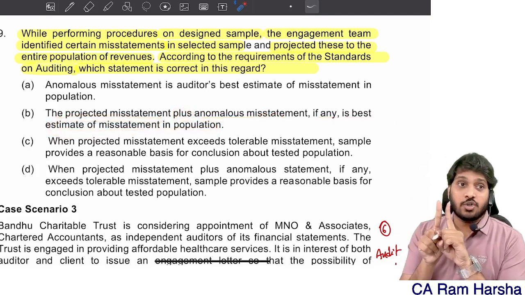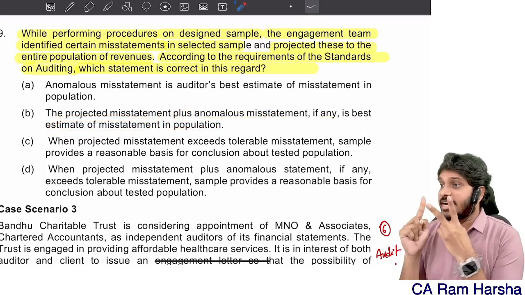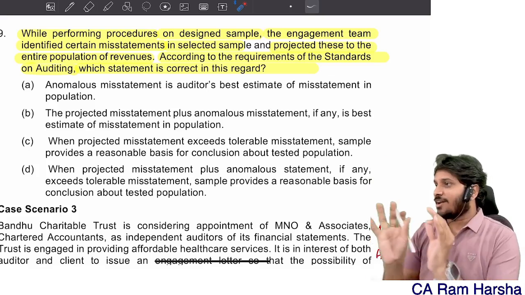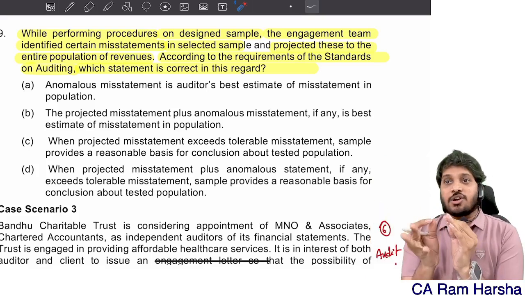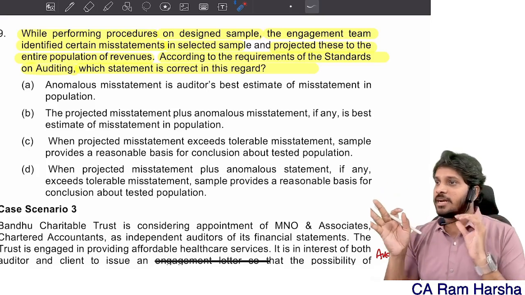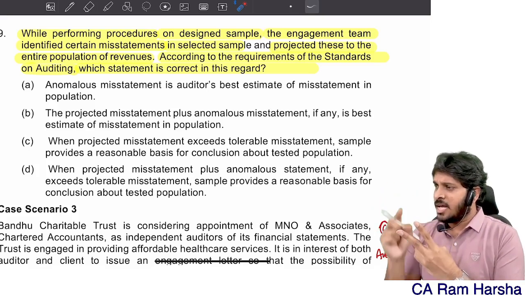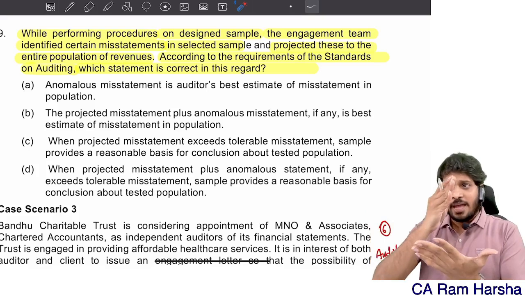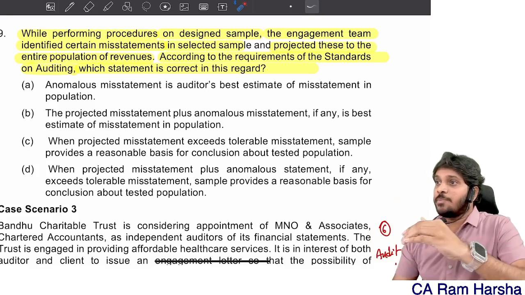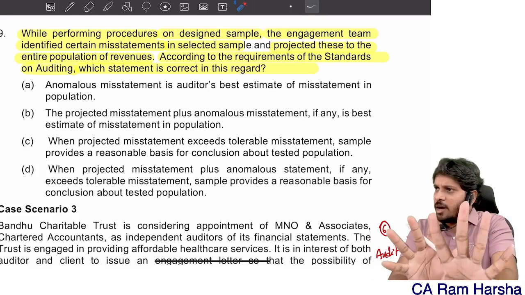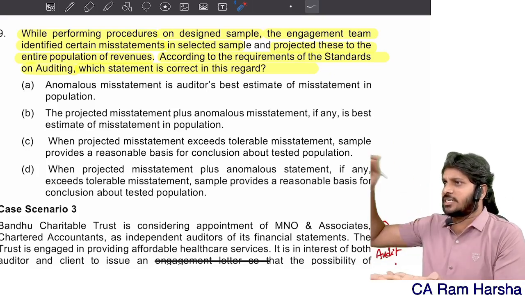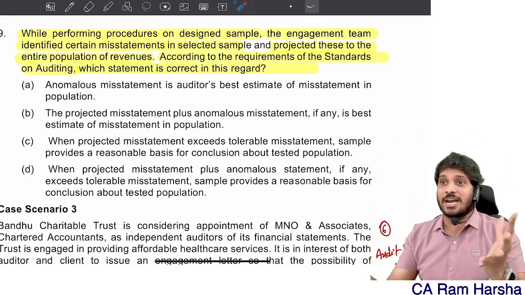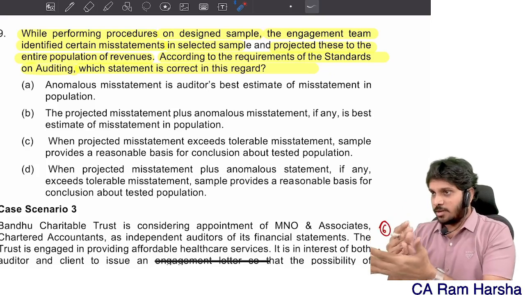When we are evaluating total misstatement in the population, we should consider projected, and anomaly also we should consider. But when we are projecting, anomaly should be ignored. What is anomaly? Anomaly is something that is not representative of the population. Anomaly refers to a misstatement or deviation that is demonstrably not representative of the population, and hence an item considered as an anomaly should be excluded from projection. Exclude anomaly, consider all non-anomalies, projected, then add anomaly, and you will understand total misstatement. The total misstatement you will understand only by adding projected plus anomaly.